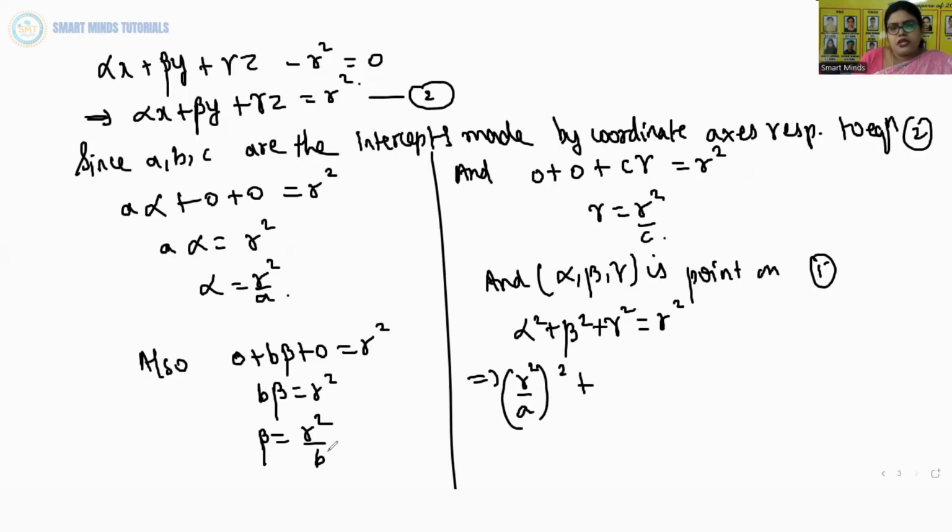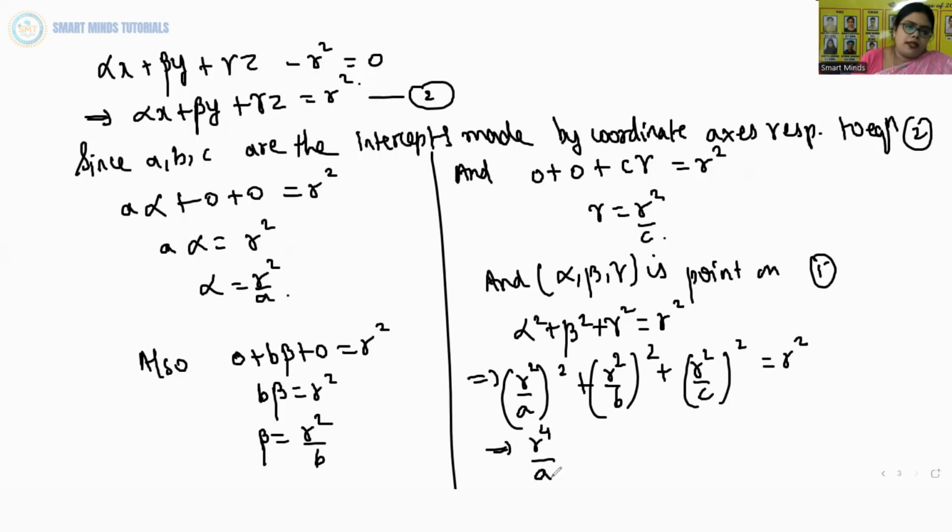In the place of beta, I substitute r square by B whole square plus r square by C whole square equals r square. So if I open the brackets, you get r power 4 by A square plus r power 4 by B square plus r power 4 by C square equals r square.